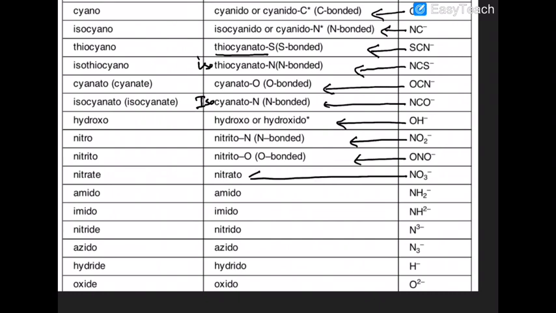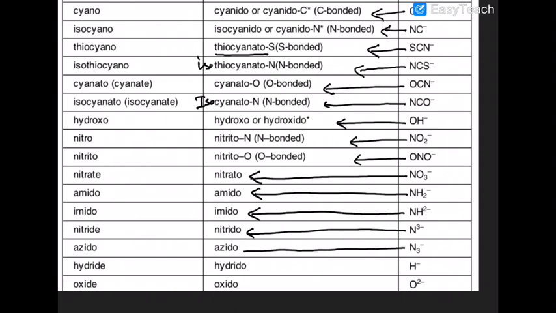NO3 negative, it is nitrato. NH2 negative, amido. NH2 2 negative, imido. Look at the spelling. N3 negative, that is nitrido. N3 negative, it is azido. H negative, hydrido. O2 negative, oxido. Remember that, O2 negative, oxido.